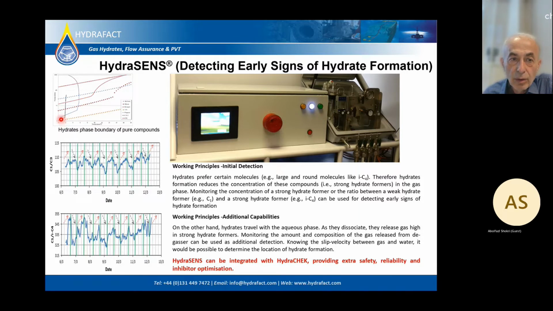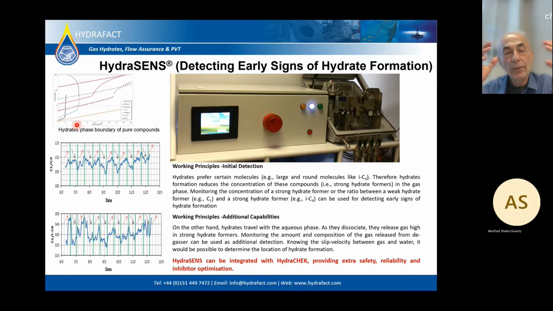This one, the black one, is IC4, isobutane. This one is propane. This one is ethane. This one is CO2. This one is methane. And this one is nitrogen.